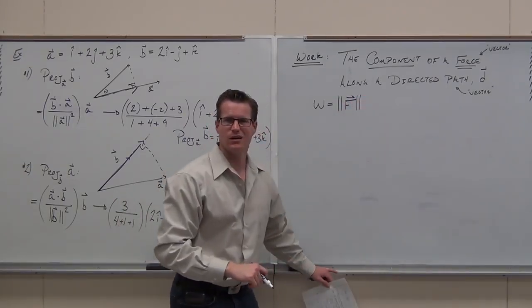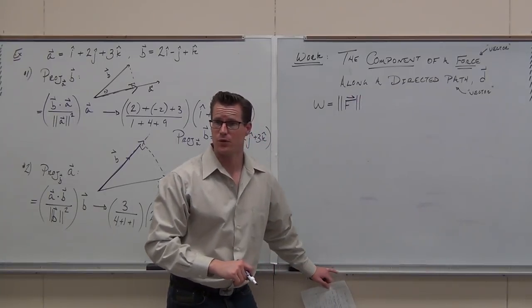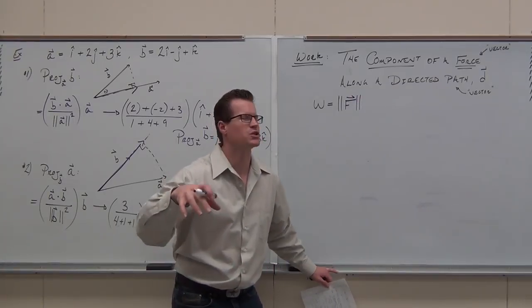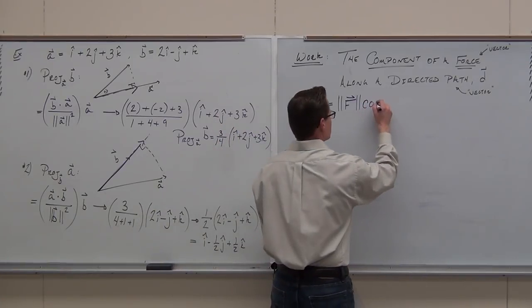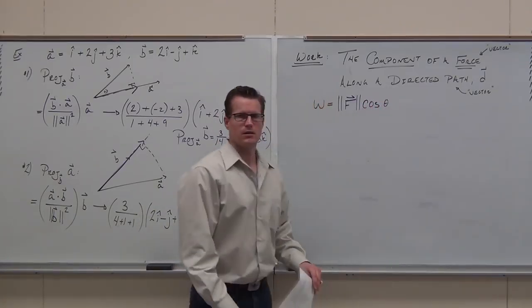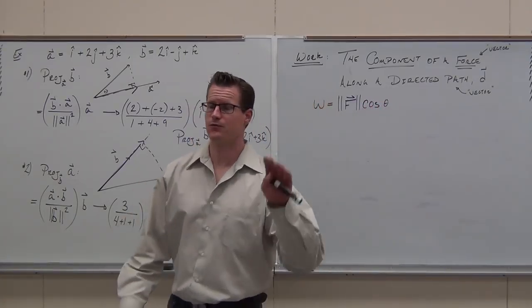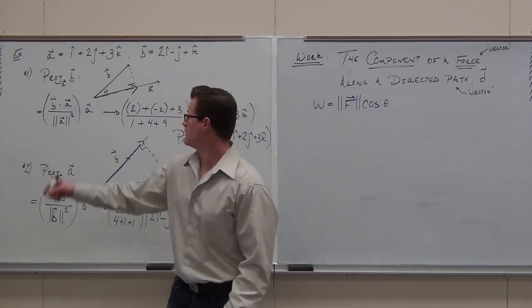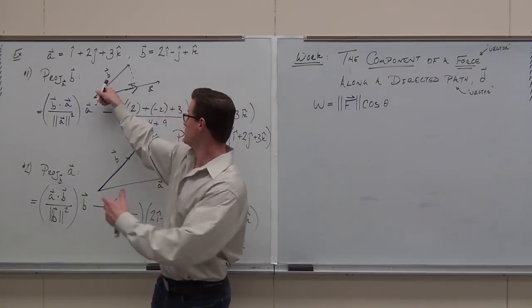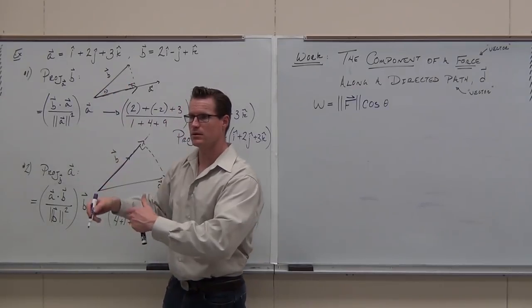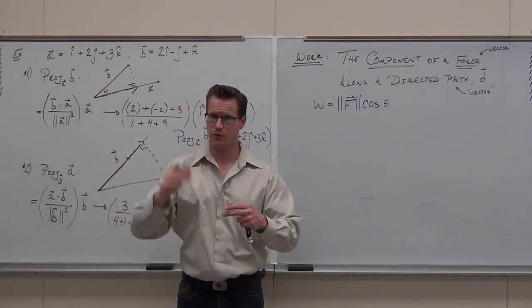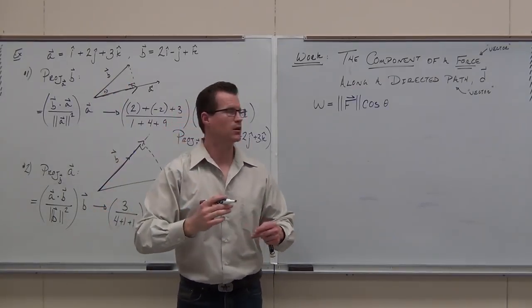That's the magnitude of the force. Come on, let's put it together. That's the angle between the force vector and the path vector. Force vector, path. Me, dog, hill. Okay? That's the angle between the force vector and the path vector.